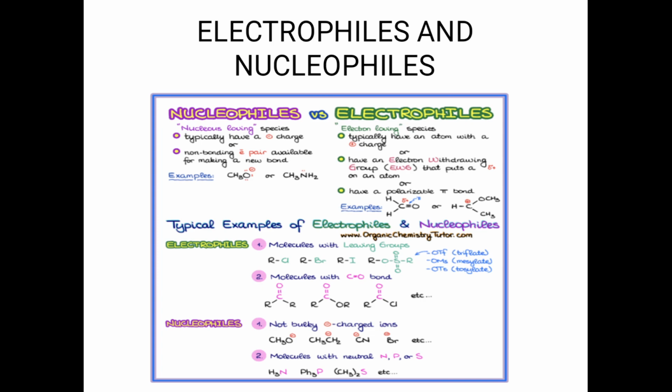Examples include CH3O negative, that is methoxide, ethoxide, cyanide, bromide, etc., while neutral molecules are ammonia, phosphine, and dimethyl sulfide, etc.